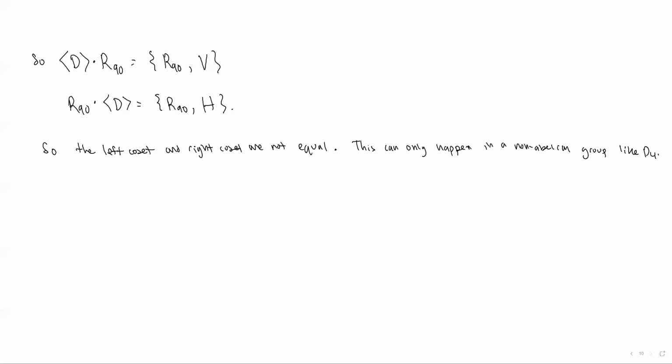So there could still be left cosets that are equal to right cosets, and there often will be, because anytime you have a normal subgroup, all its left cosets will be equal to its right cosets. So I'll write that down. So they could be equal, but they don't have to be equal. They have to be equal in an abelian group.